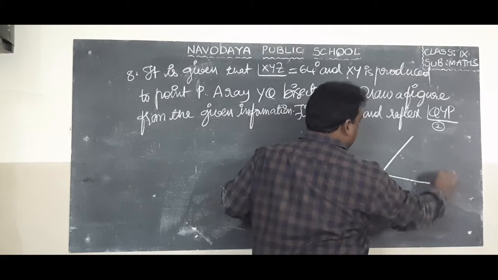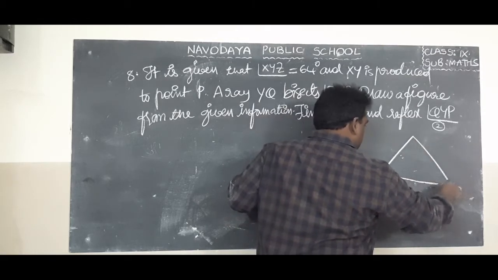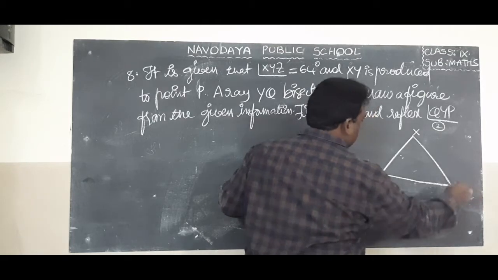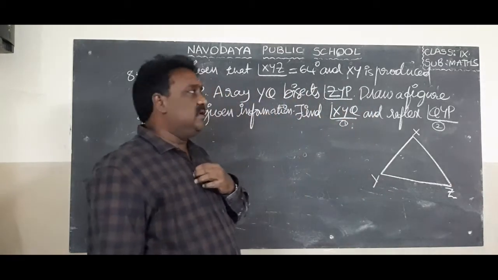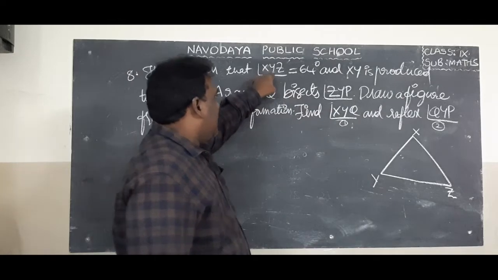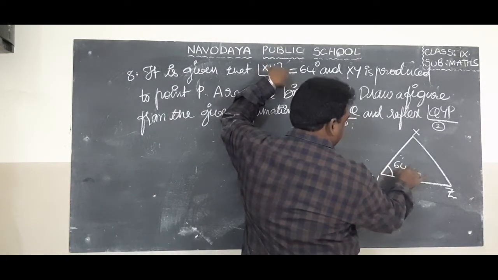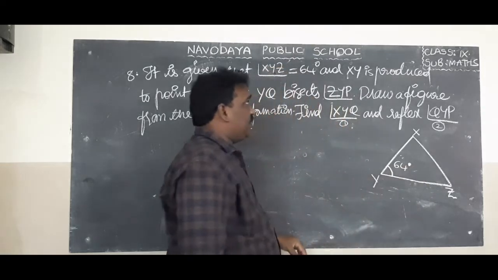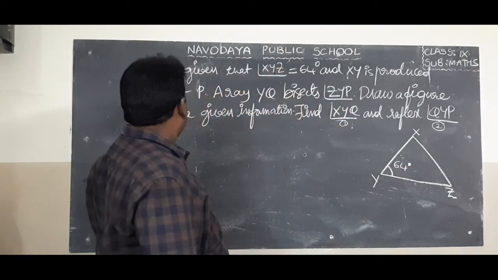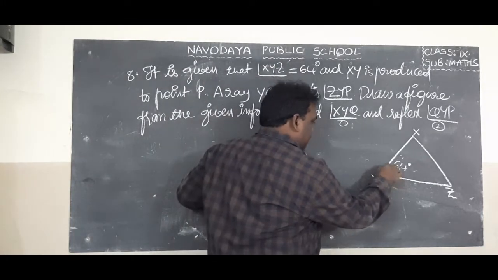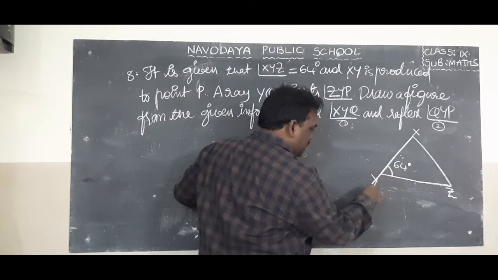First there is a triangle. There is a triangle XYZ. All capital letters. XYZ is a triangle. Then angle at Y how much? This is 64 degrees. Then XY is produced to point P. Extend XY towards down.